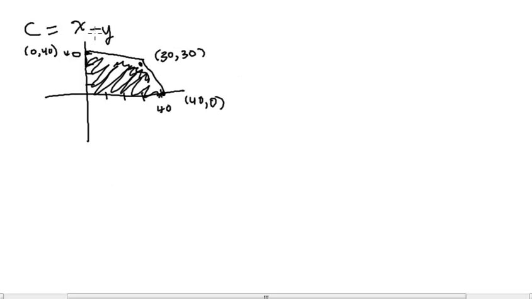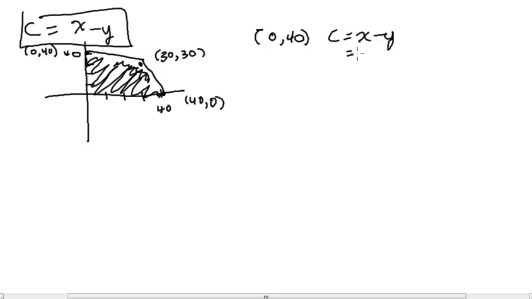To find the possible maximum or minimum given our constraints, you take each vertex and plug it in. This is x and this is y. For the point (0, 40), c equals x minus y, or c equals 0 minus 40, which is negative 40.